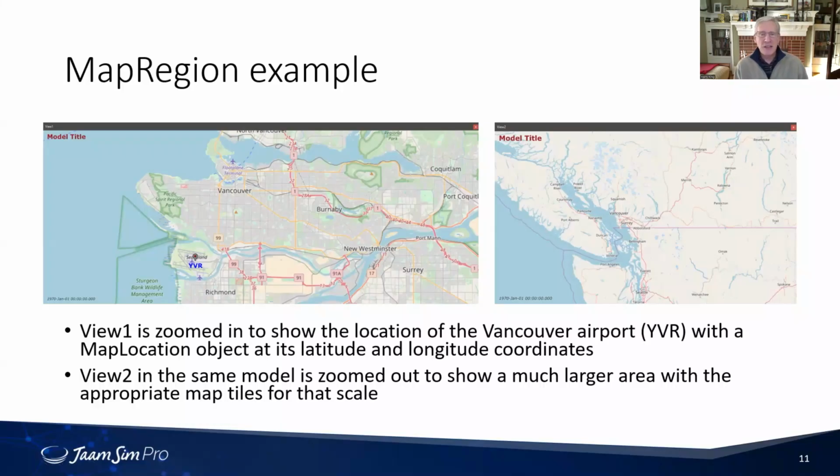What's interesting here is that these two views can exist in the same model at the same time. The map tiles that you display are determined by the level of zoom in each individual window, each individual view. So you can build a model that shows, for example, a very large scale view of a map showing ships moving from one place to another.